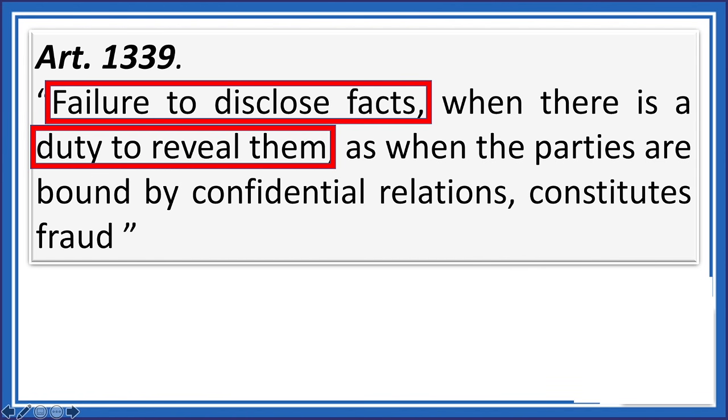So, Article 1339 also provides for an example kung kailan mo masasabi na there is a duty to reveal. Sabi daw, when the parties are bound by confidential relations. So, the best example for this is in case of partnership, di ba? Kasi yung partners in partnership are bound by confidential relations.